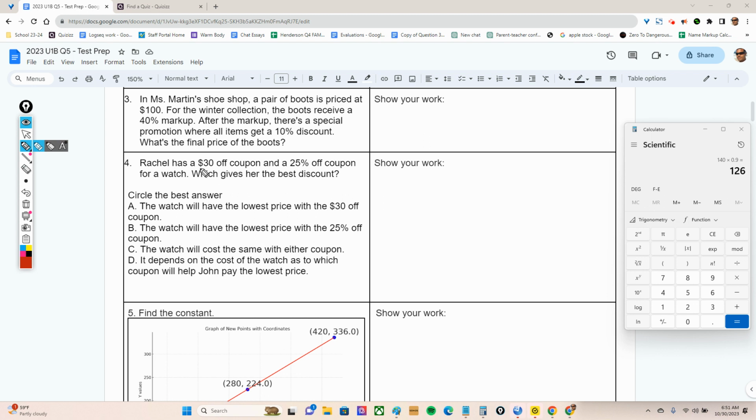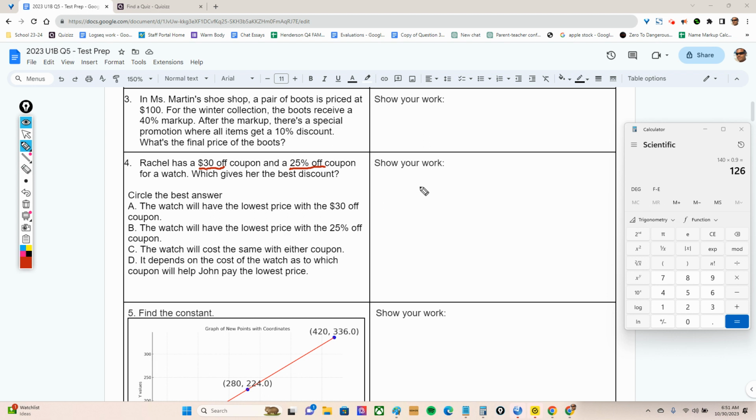Rachel has a $30 off coupon and a 25% off coupon for a watch. Which gives her the best discount? Show your work. Which is the best?